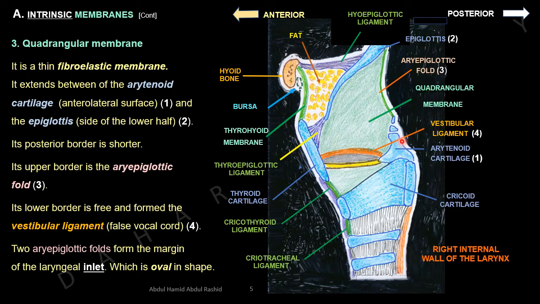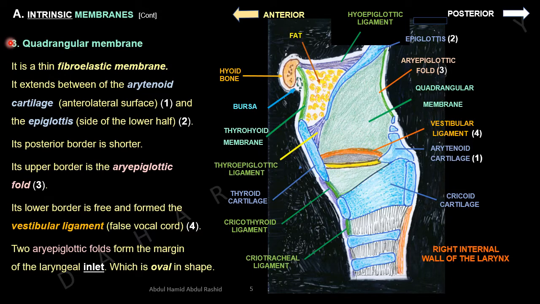This is the arytenoid cartilage. This is the epiglottis, and between the arytenoid cartilage and the epiglottis, we have the aryepiglottic fold. That is, the mucosal fold is here. This is the vestibular ligament, also called the false vocal cord.